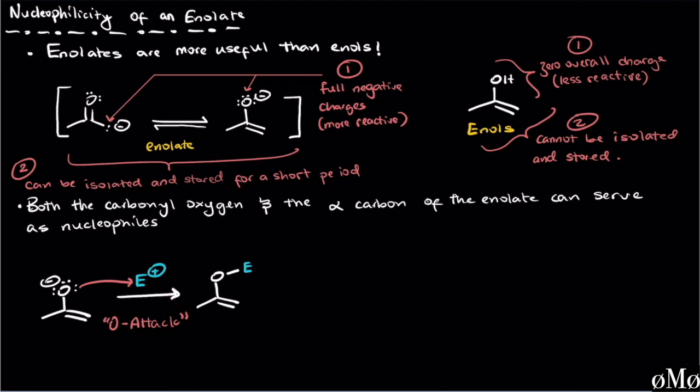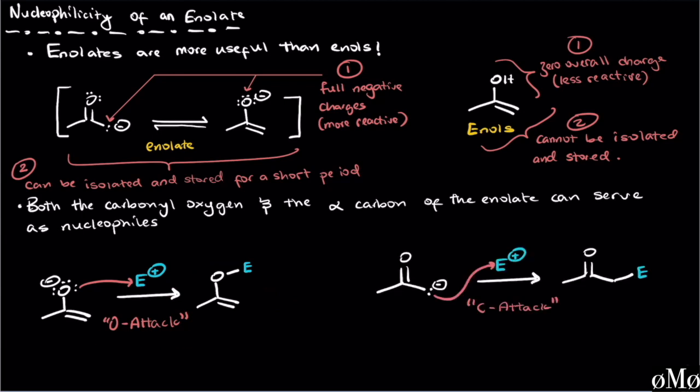We call this mechanism, where your enolate oxygen is the one doing the nucleophilic attack, the O attack. And then, of course, your enolate carbon can certainly serve as a strong nucleophile and attack an electrophile to form this particular product. So you can get two different kinds of constitutional isomers depending on which group attacks the electrophile.